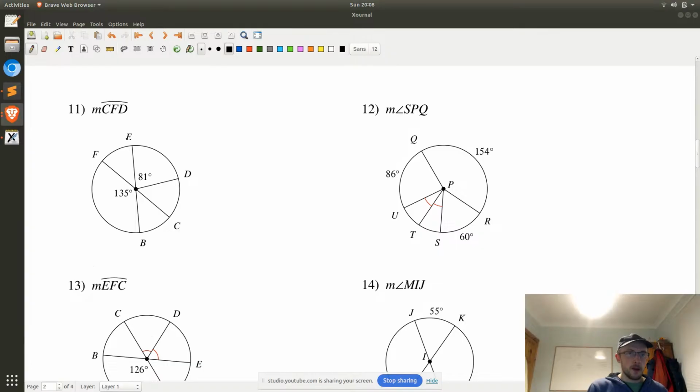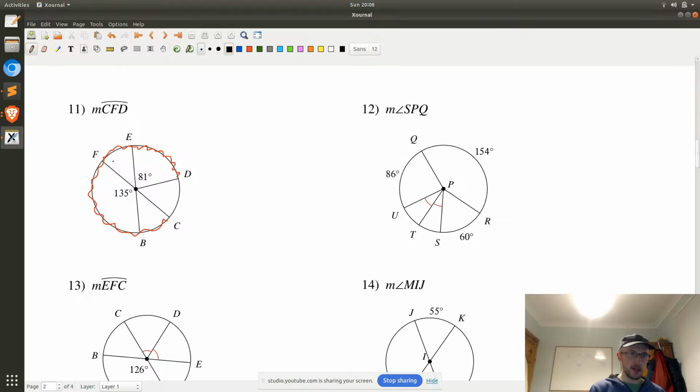Find the measure of arc CFD. All right, so that'll be going all the way around, like that. We have access to the diameter, that's for sure.